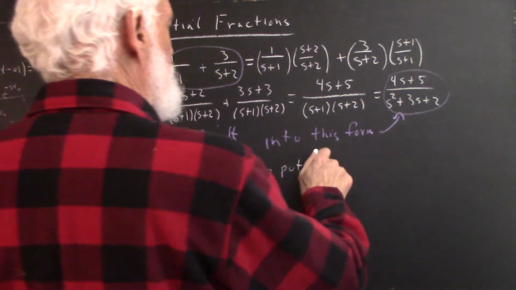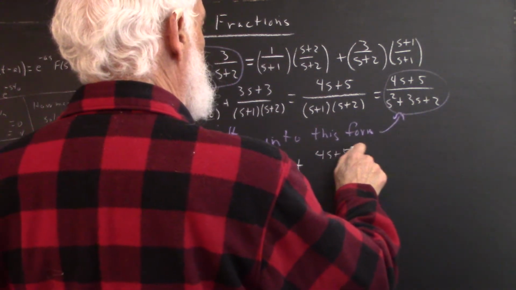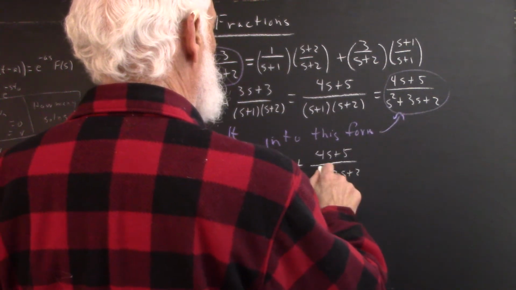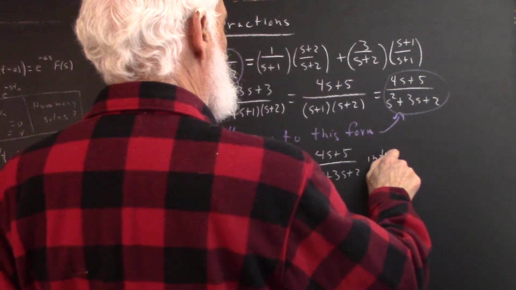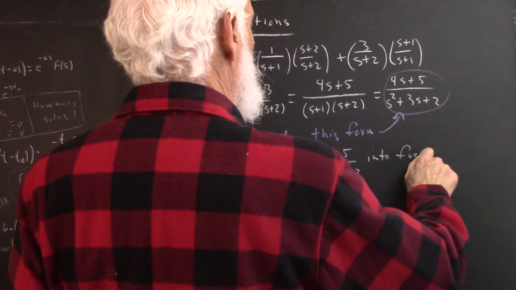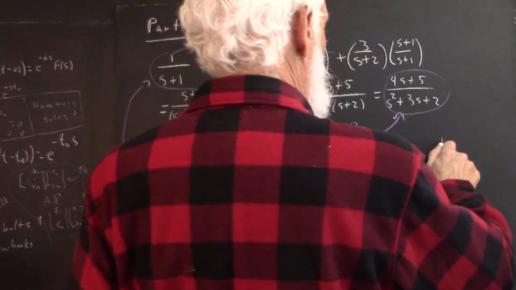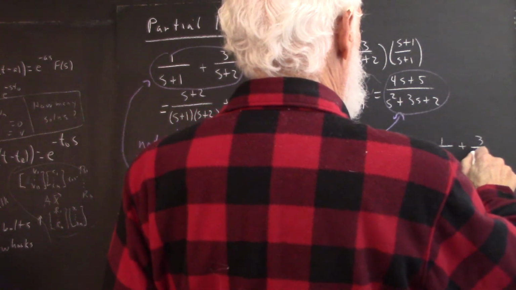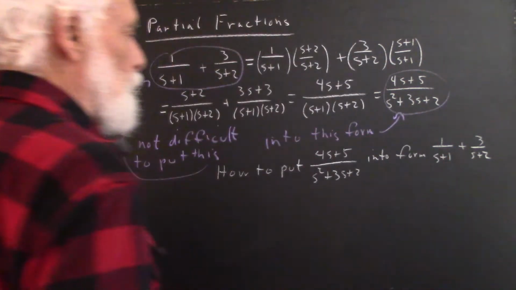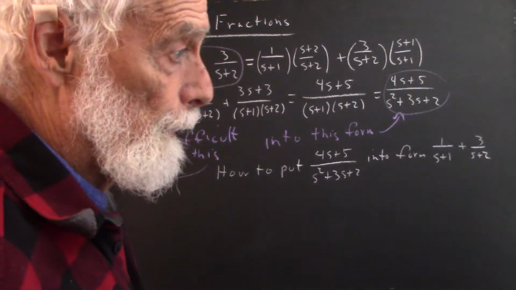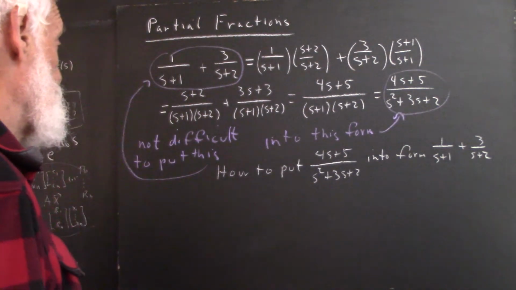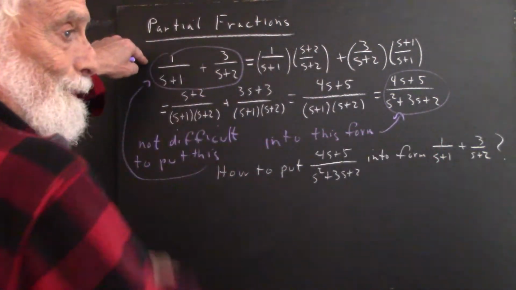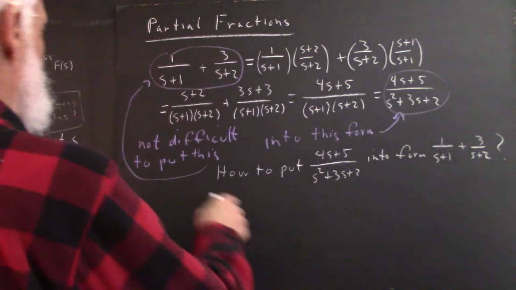How would we go about putting 4s plus 5 over s squared plus 3s plus 2 into the form 1 over s plus 1 plus 3 over s plus 2? Of course, if we didn't already know.